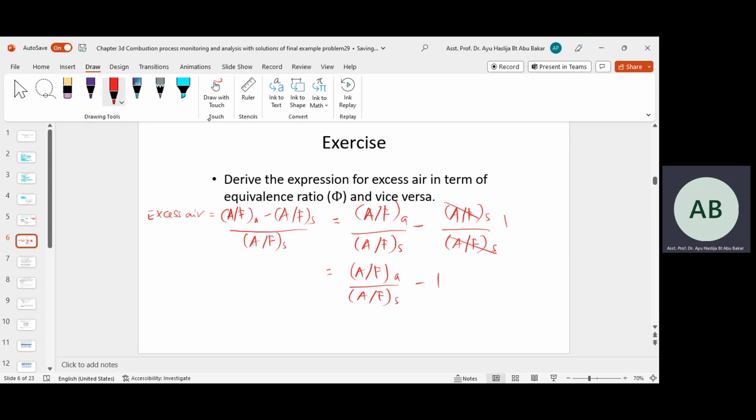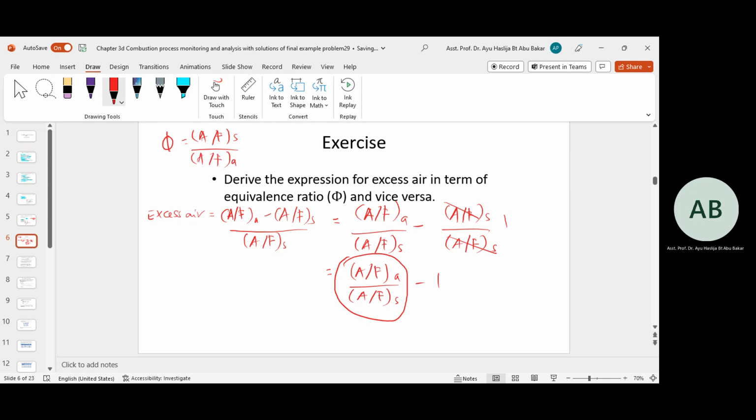How can this part be related to the equivalence ratio? What is the equivalence ratio equation? AF stoichiometric over AF actual. So this is the equivalence ratio; equivalence ratio is stoichiometric over actual, and this part is actual over stoichiometric.